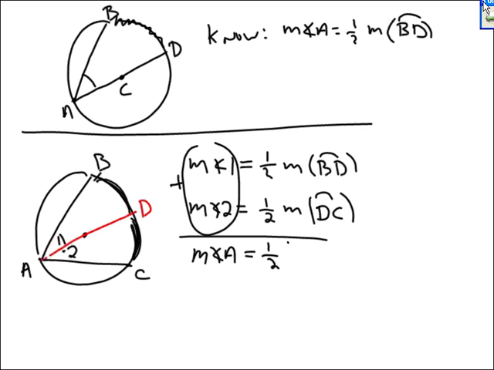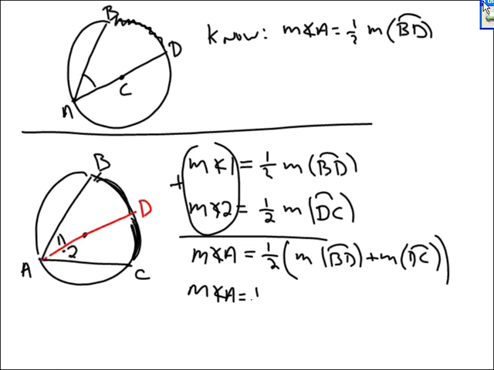When I add, I get half of the measure of arc BD plus the measure of arc DC. So the measure of angle A is equal to 1/2 of what's inside. But the measure of BD plus the measure of DC, that's the measure of arc BC.